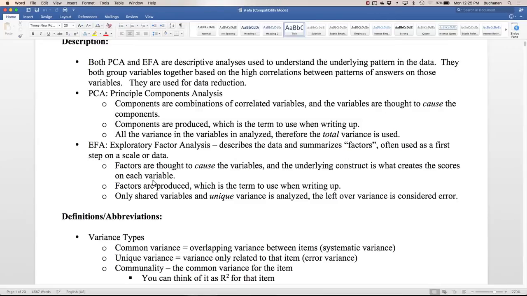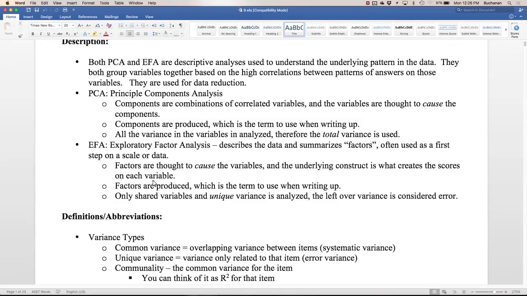So let's say we're trying to measure, in self-determination theory, it's often about intrinsic motivation, autonomy. So let's say we're trying to measure motivation. And anytime you see a circle, that means it's unmeasured.